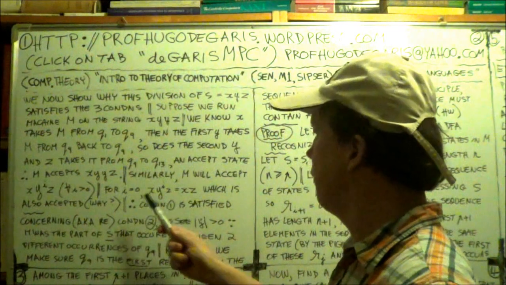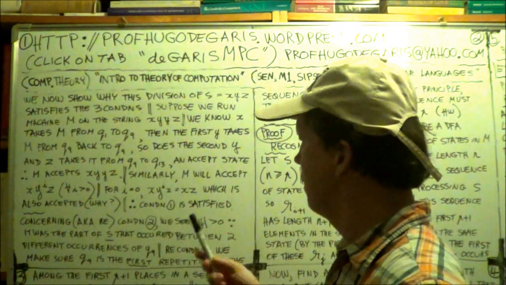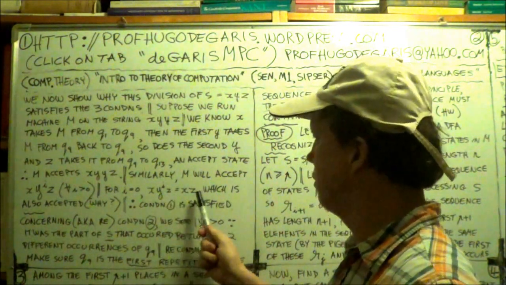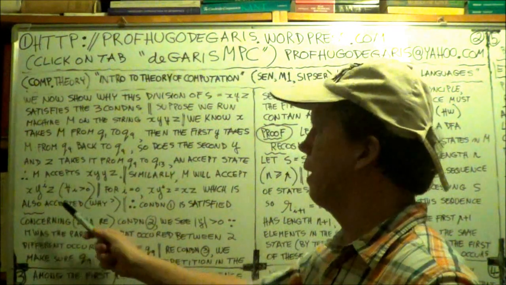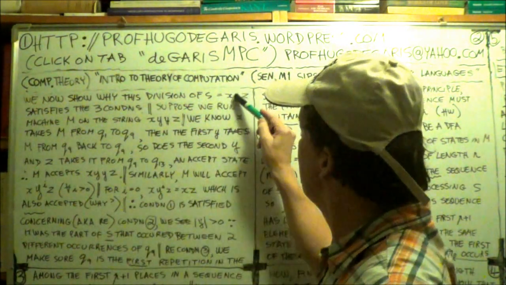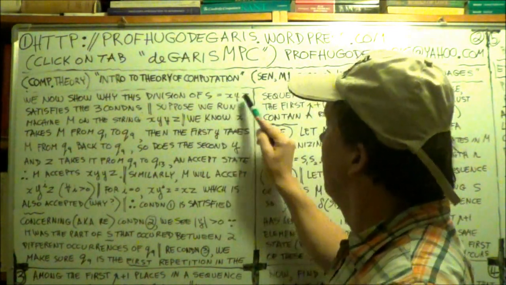Now, if I is 0, this just becomes the empty string. So you're just left with XZ, and that will be accepted, because then the Y drops out.